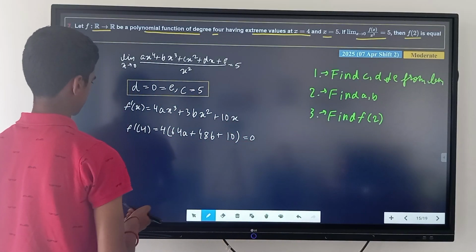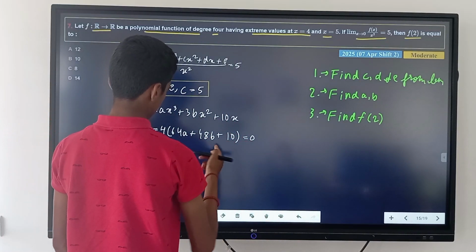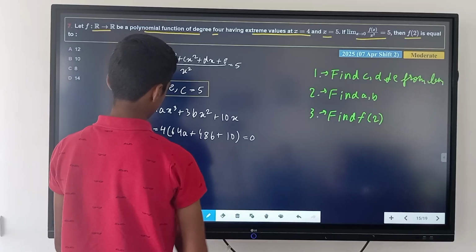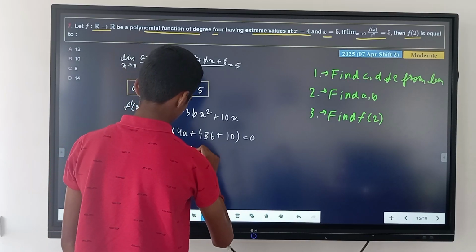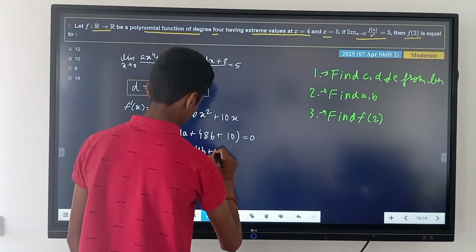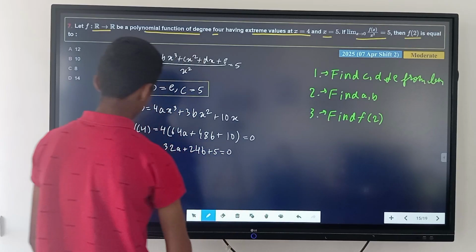From here, let's take 2 also to the right hand side, and we will get 32a plus 24b plus 5 is equal to 0.